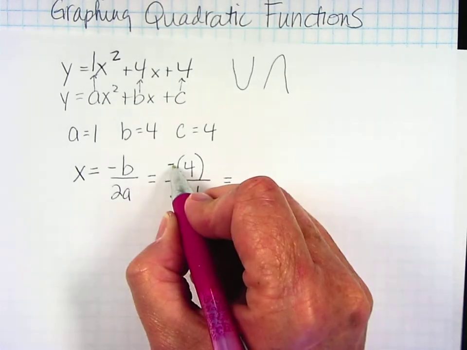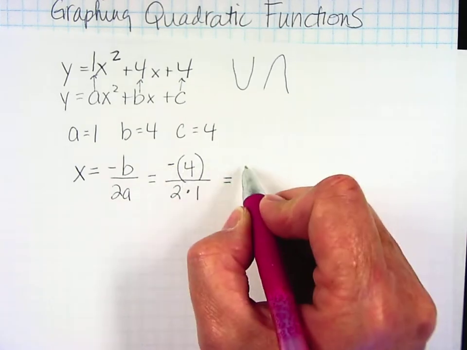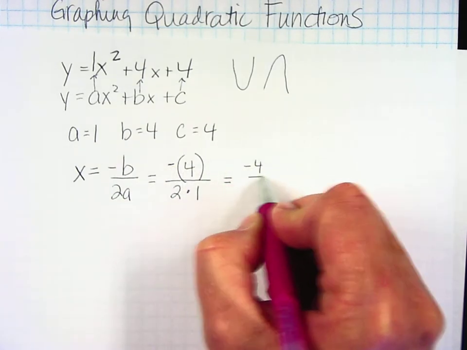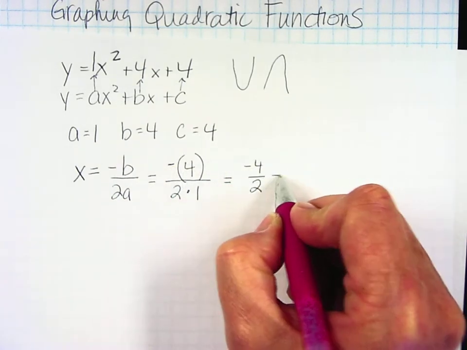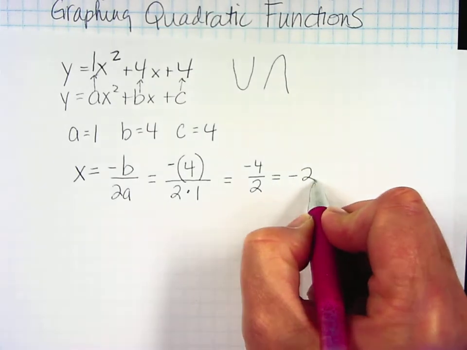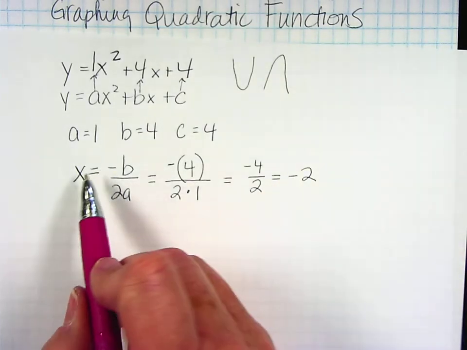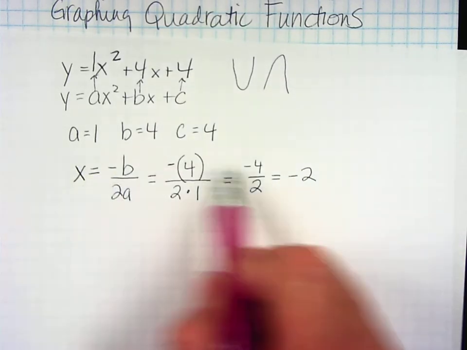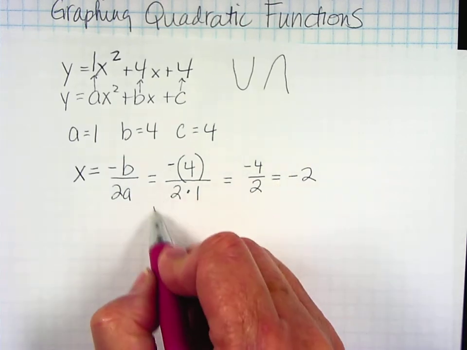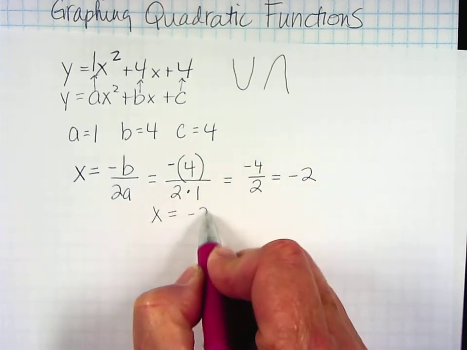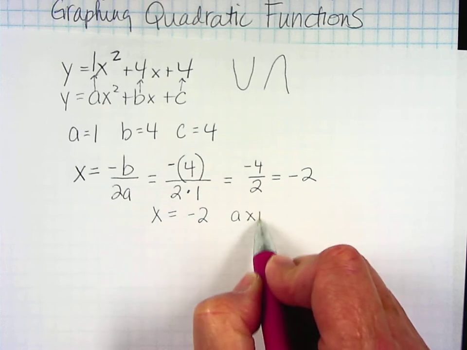Now, this is really negative 1 times 4, so that's negative 4 over 2, and if you simplify that, you get negative 2. So this all boils down to x equals negative 2 is my axis of symmetry.